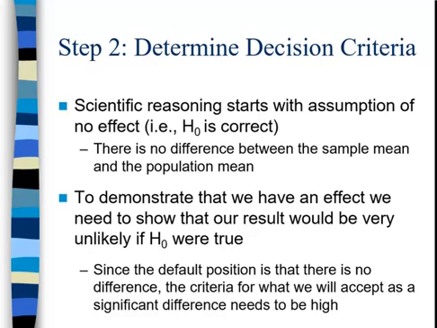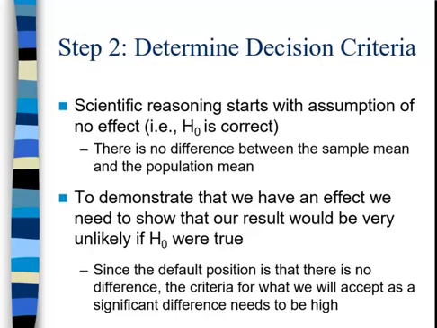Now, in order to demonstrate that we have an effect, if we run an experiment, we collect the sample mean, and that sample mean is different than the population mean, then we need to show that our result would be very unlikely to occur if the null is true.